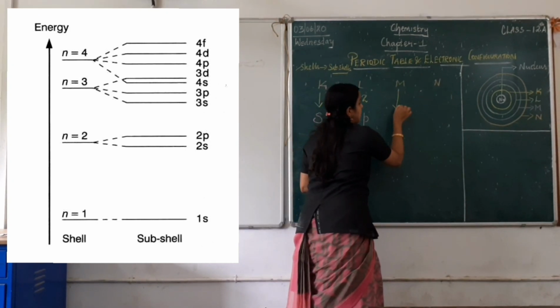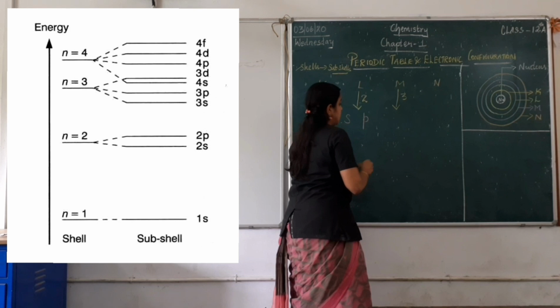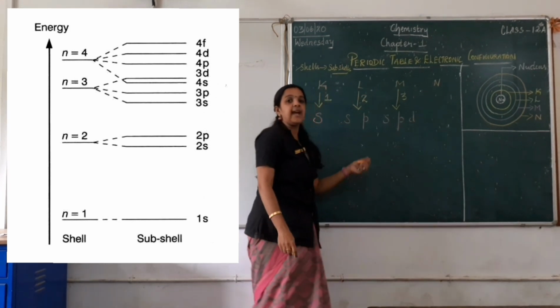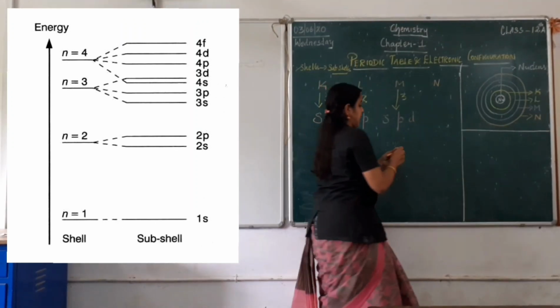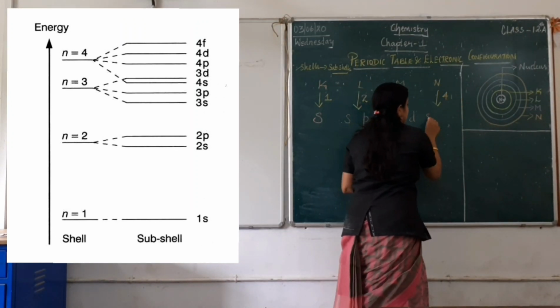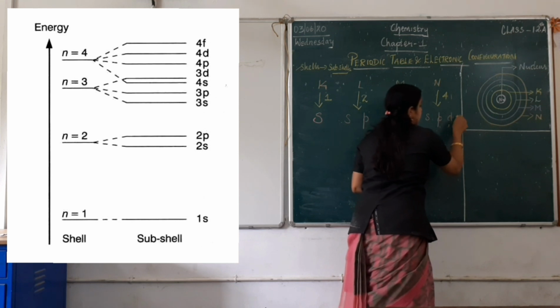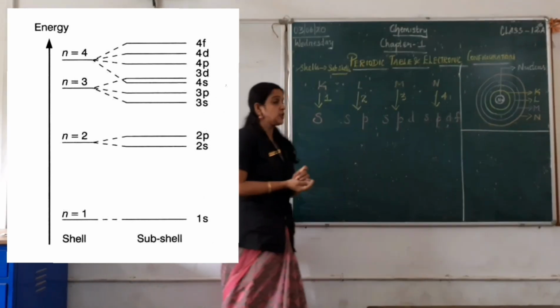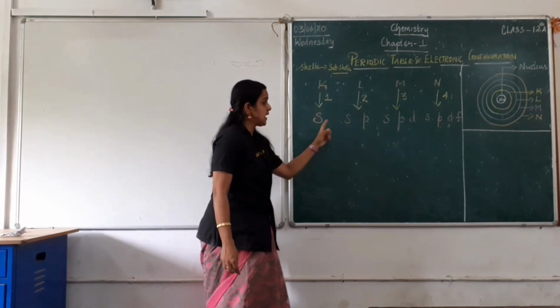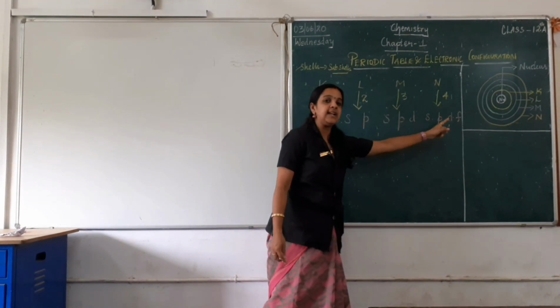Now the M shell, being the third energy level, will have three subshells, s, p and d. And the N shell, being the fourth energy level, will have s, p, d and f. So the number of subshells is only 4: s, p, d and f.